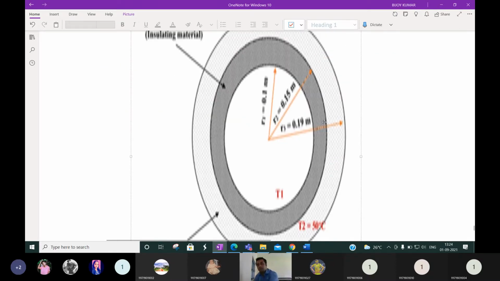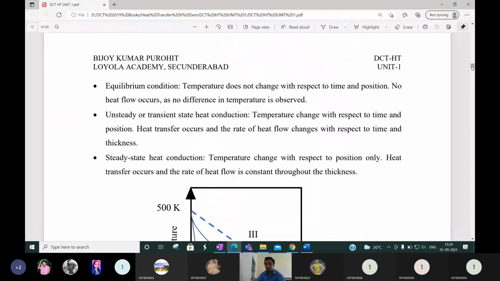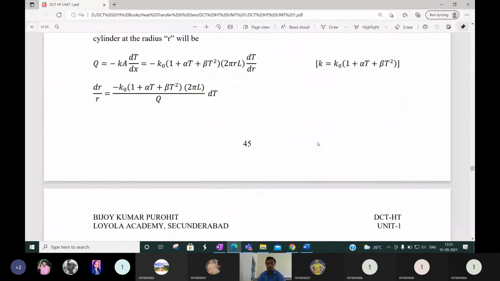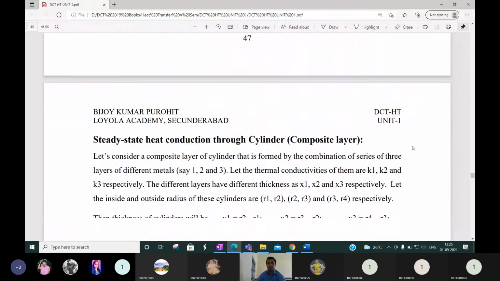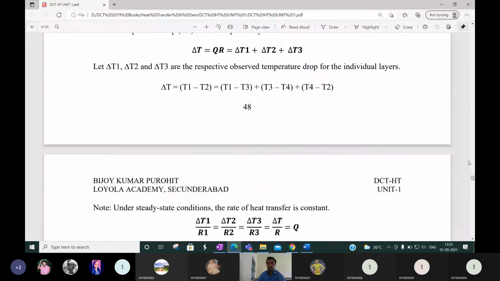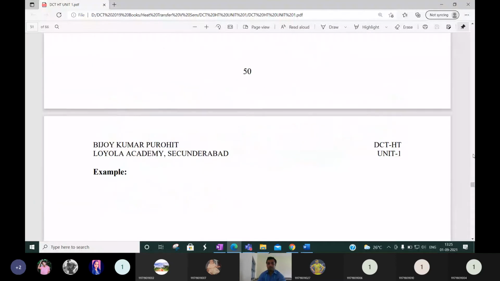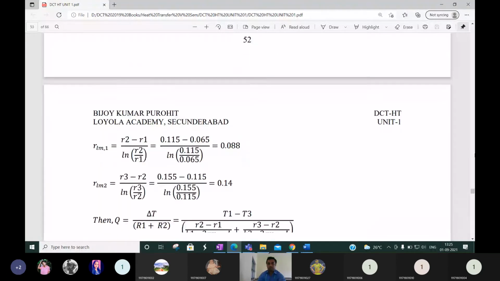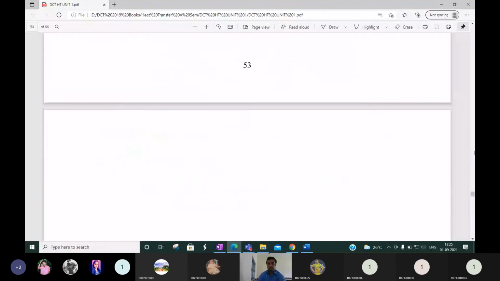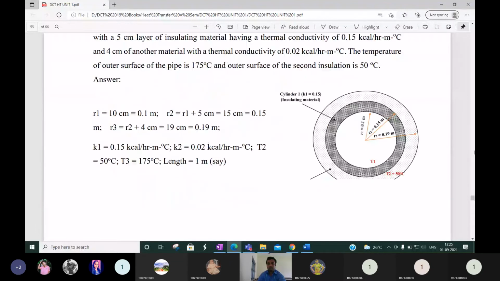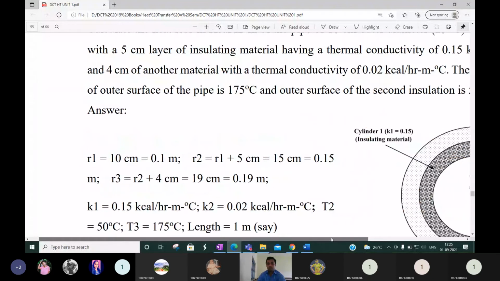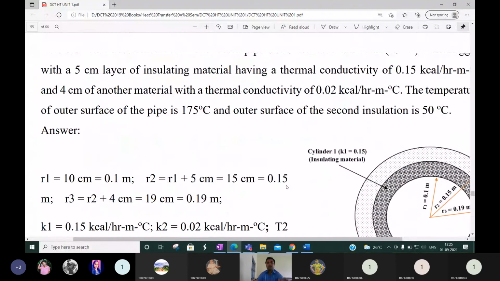Okay, your picture is not clear. Let me show you guys here. The diagram is here.